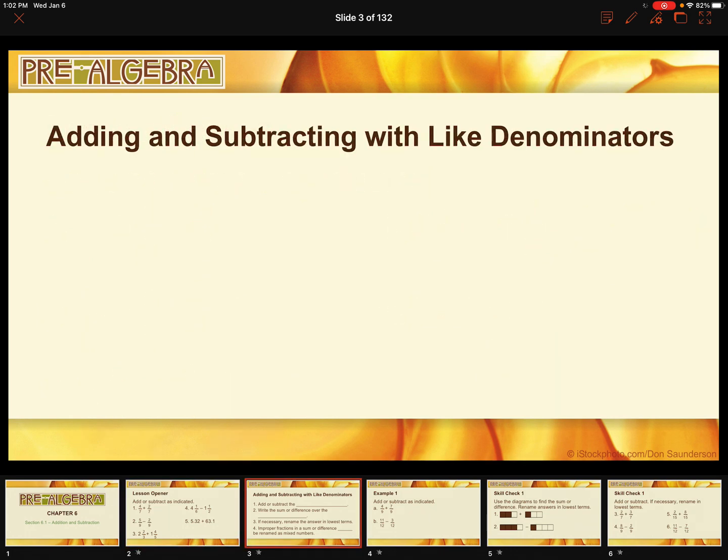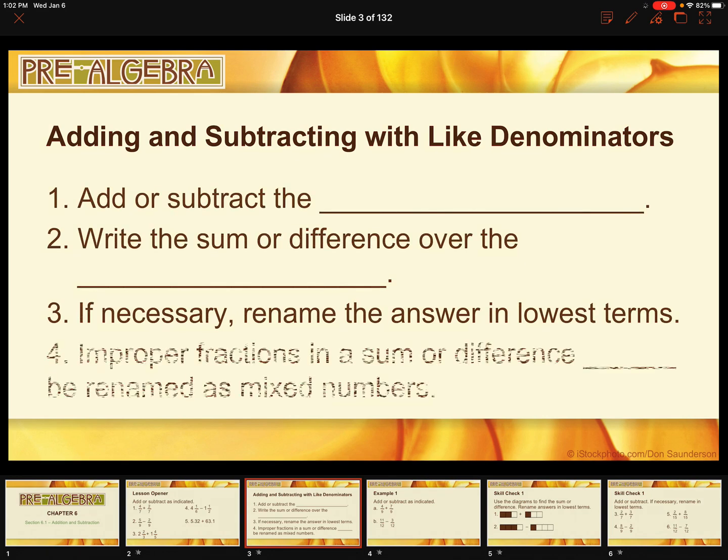So let's start with adding and subtracting with like denominators. You're first going to add or subtract the numerators. Write the sum or the difference over the like denominator.